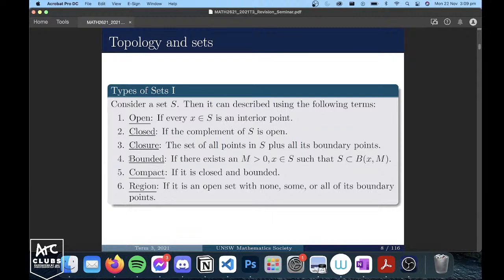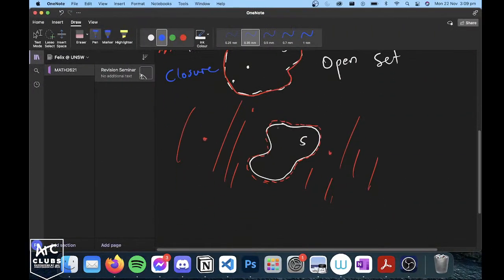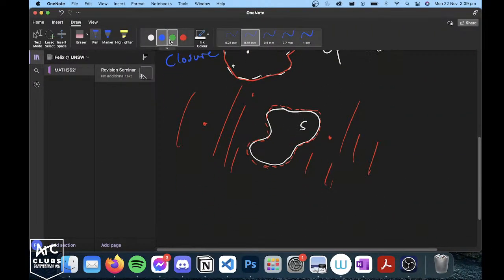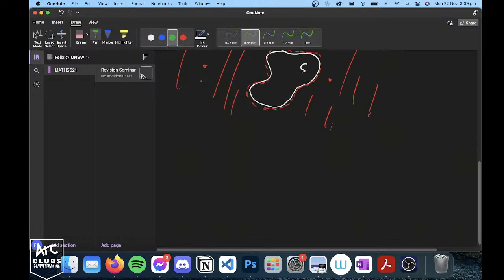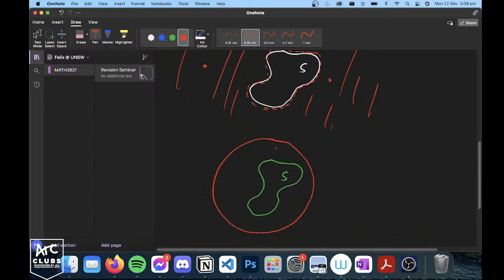Yeah, and then bounded is pretty self-explanatory. Basically, I would draw a new set. So like this. If we're able to chuck everything from this set inside a larger set, say this red here, like a ball, we can say that this is bounded.